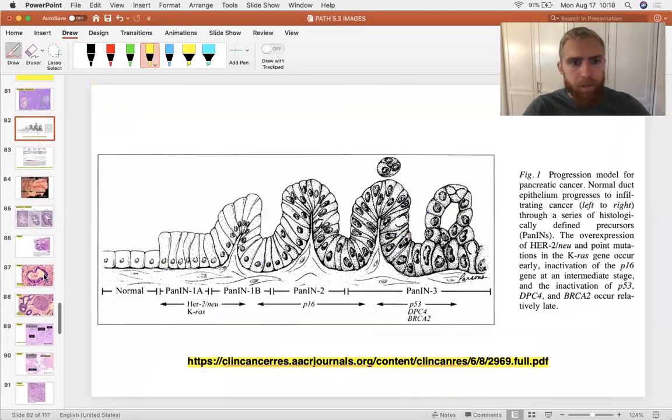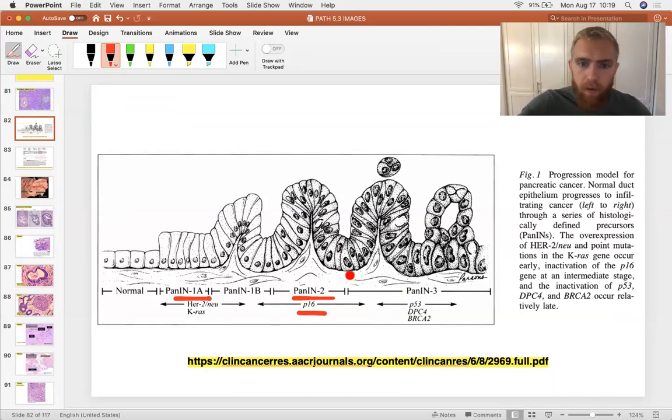So this is a good timeline showing you first you got to get a KRAS mutation corresponding to the Panin 1 stage of change. Then you pick up a P16 mutation that corresponds to Panin 2 precursor lesions. And remember, that's also your inhibitor of kinase 2A, CDKN2A.